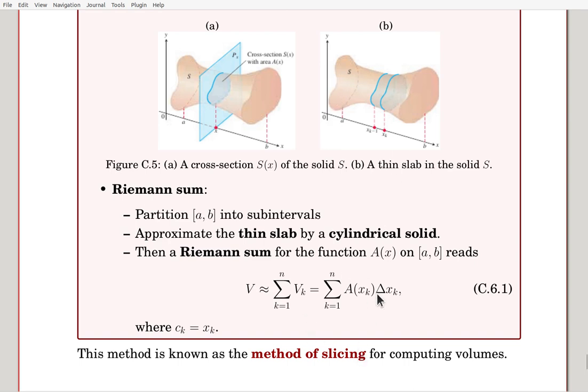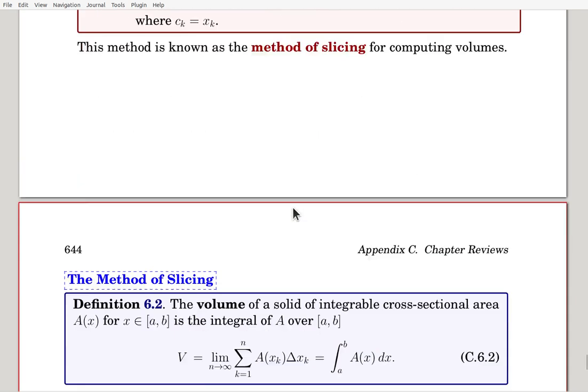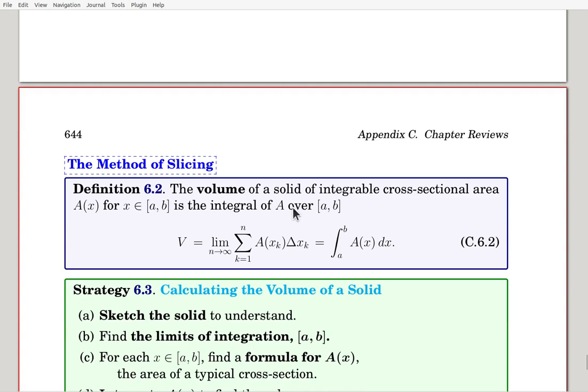So that is a Riemann sum, and with more partitions and taking the limit, we can find the volume. That is called the method of slicing. So here is the definition.